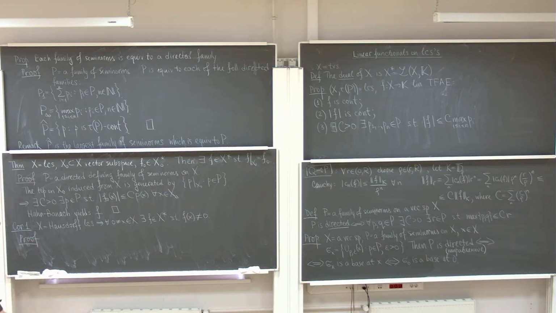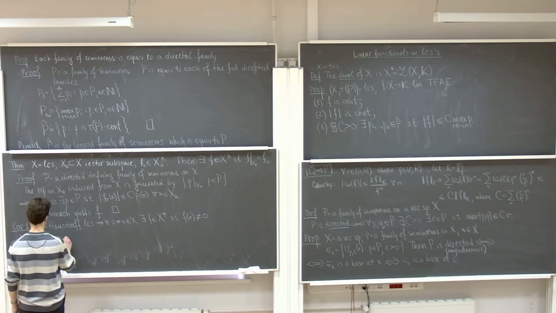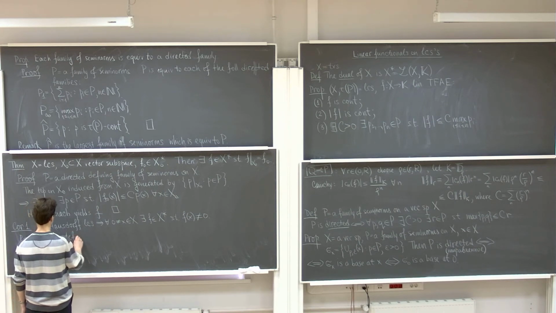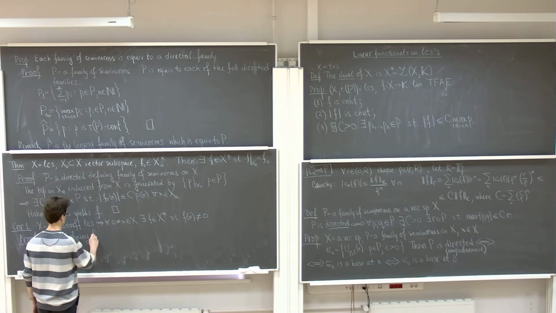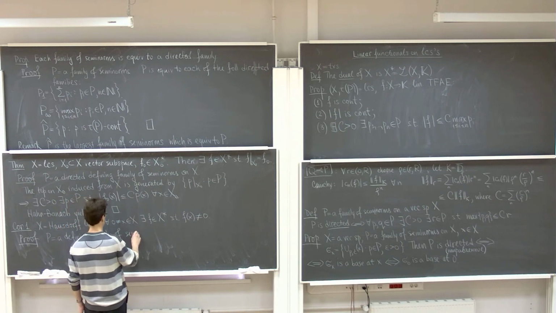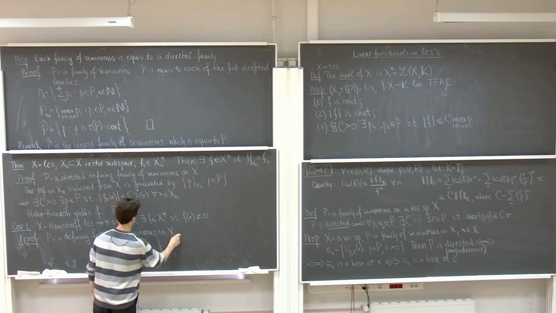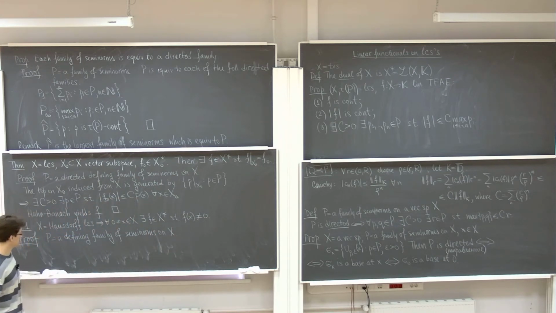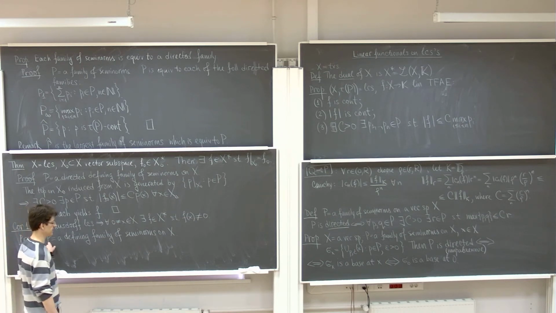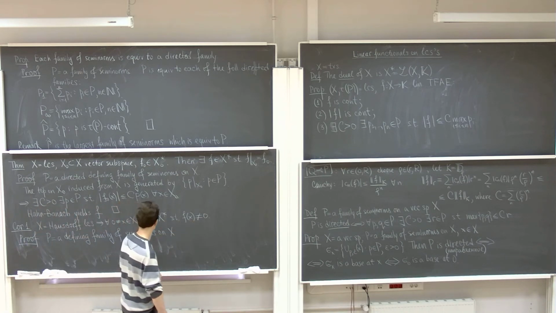To prove this result, let's recall that, again, we choose a defining family of seminorms, P. And since X is Hausdorff, we can always find a seminorm from our family which is strictly positive at x.